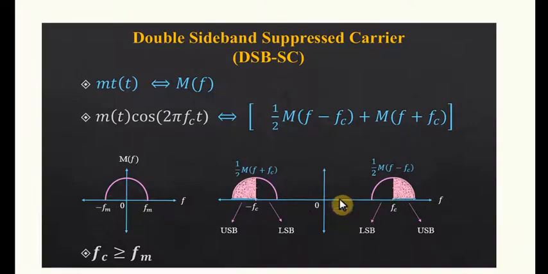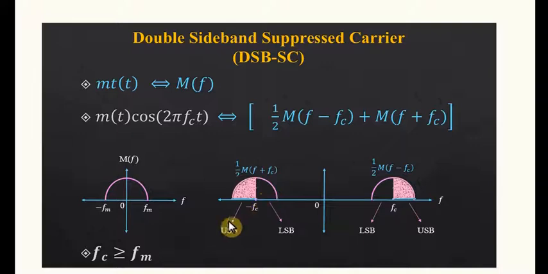This representation is the spectrum of the modulated double sideband suppressed carrier signal, S of t. The shaded area is the upper sideband, and here is the lower sideband for this component.